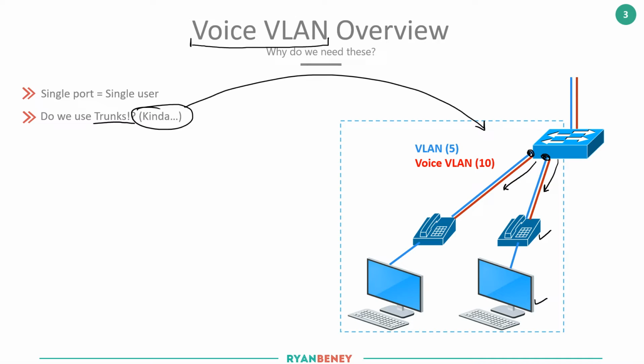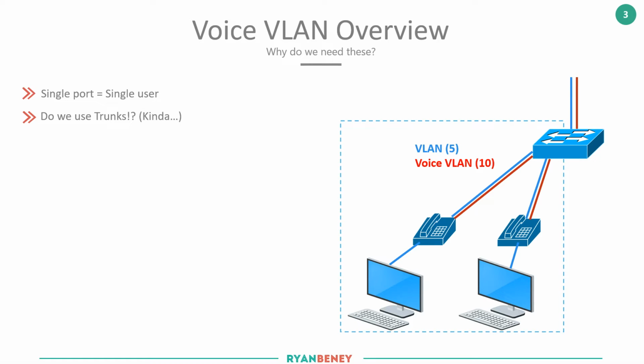The reason for that is because in the past, that's how we used to do it. Before Voice VLANs became actual syntax inside the IOS, syntax that we will look at shortly, they were configured as trunks. So on this port downstream, you would configure the switch port mode as trunk, and you would allow two VLANs on that, VLAN 5 and VLAN 10.